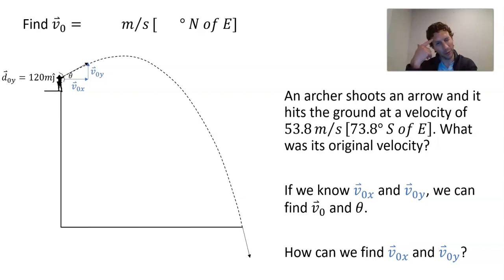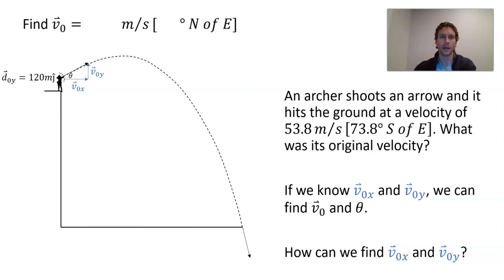The way my brain works is I start with, what is this question asking for? It's asking for v naught. How do I find that? The only way to find v naught is to know the x and the y components. So now, how do I find those?